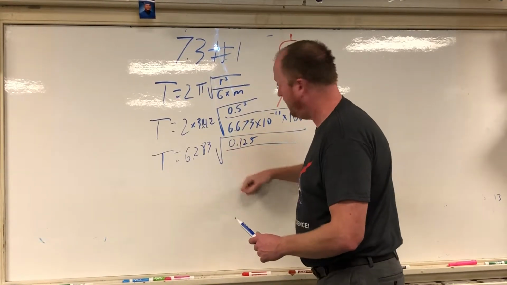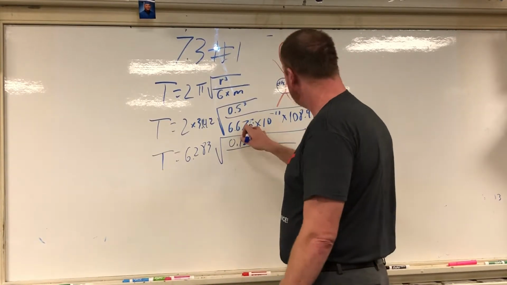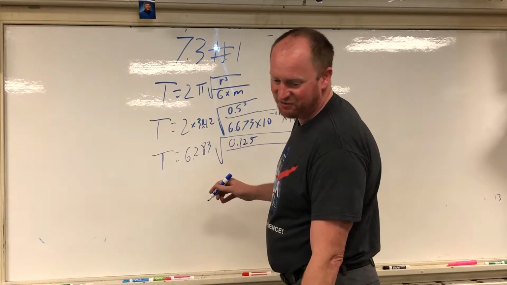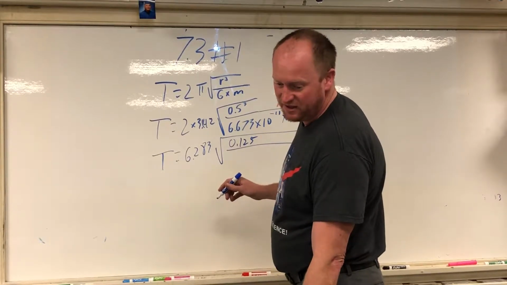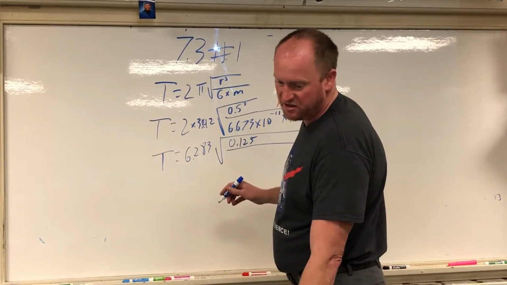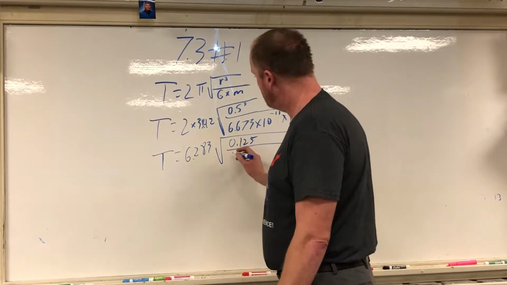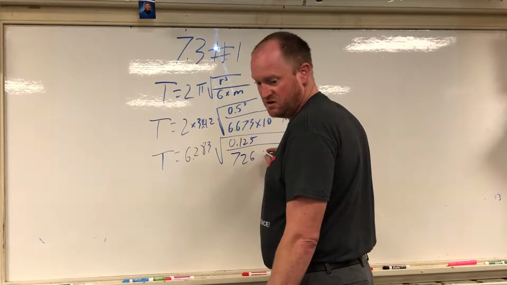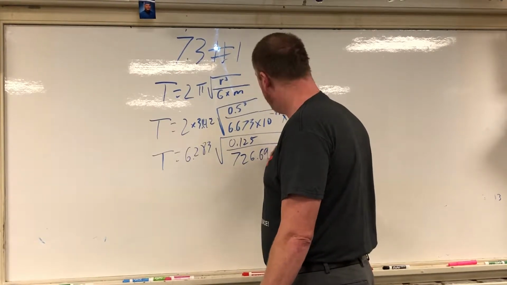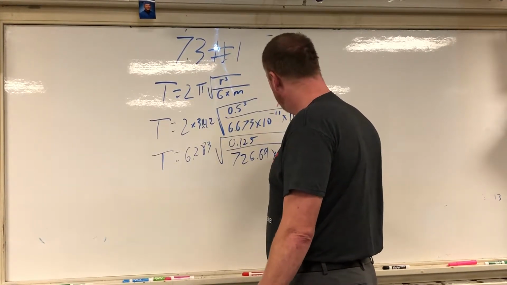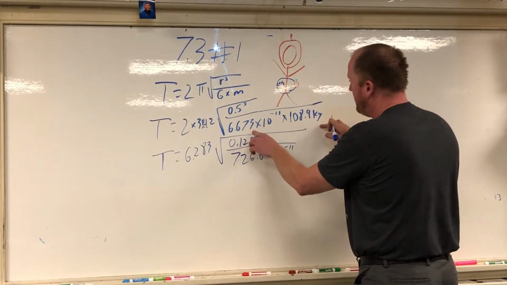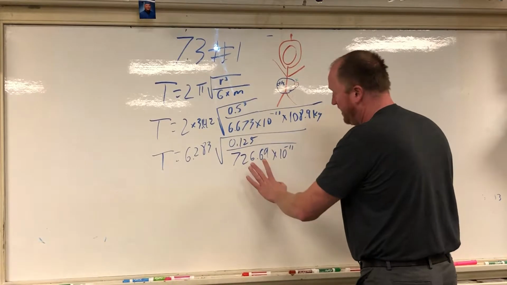Now, I'm going to multiply this times my mass, which gives me approximately 726.69 times 10 to the negative 11. So I just multiplied that part times that part and just forgot about this part for now.